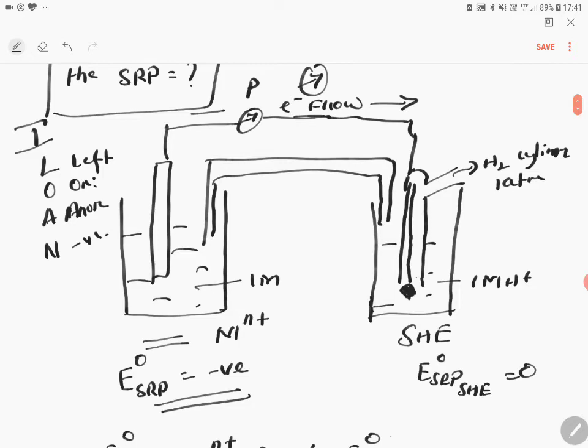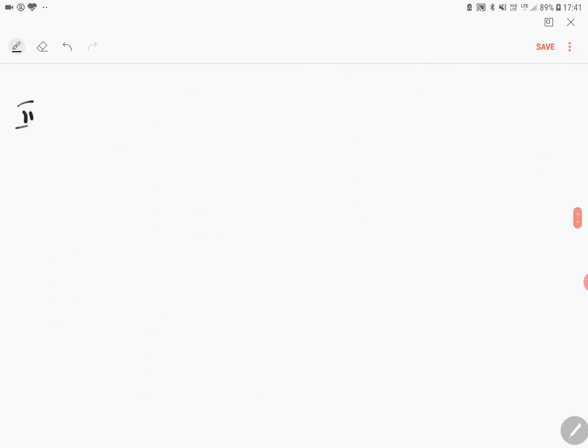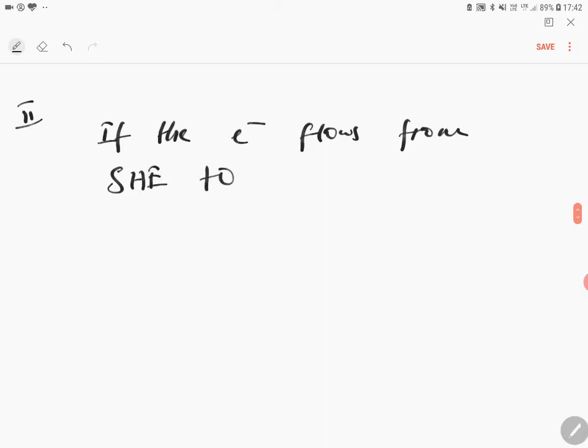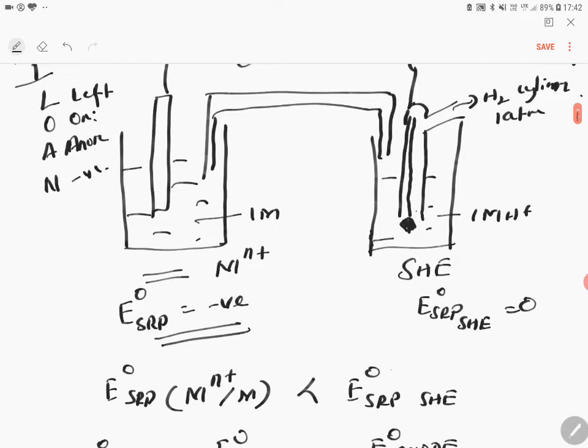Now case 2. The same diagram will be there, but after connecting the circuit, if the electron flows from SHE to the metal M n plus M electrode. In the first case, when you connect the circuit, the electron flows from the metal to SHE, because SHE had higher potential than the metal, as E naught SRP was negative for the metal.